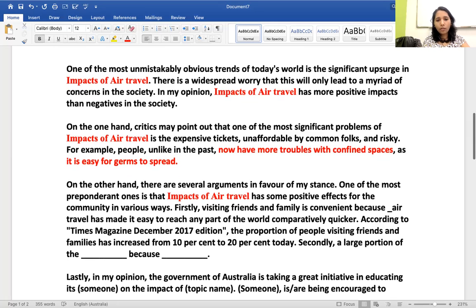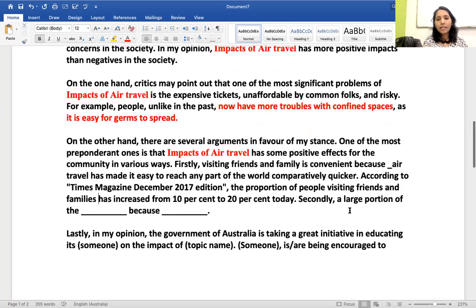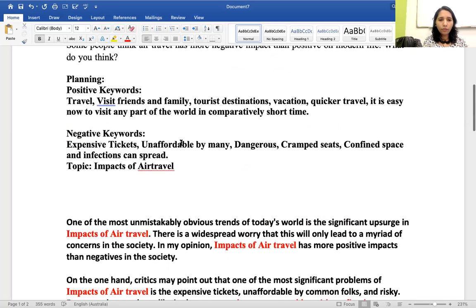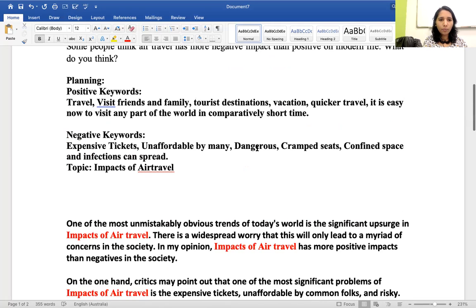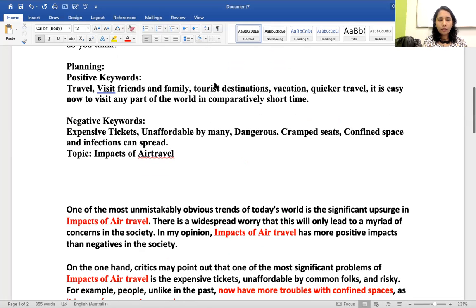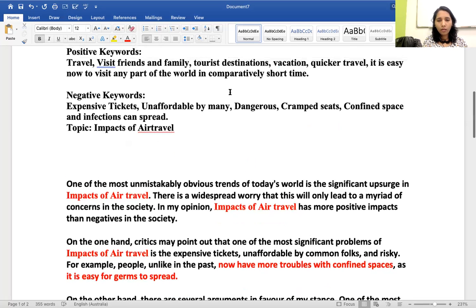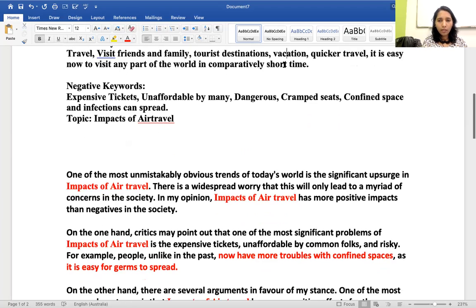Has increased from whatever percent you like. Secondly, a large portion of, you put in your positive keywords again, a large portion of tourists, okay, are easier.